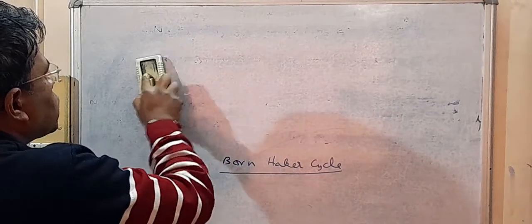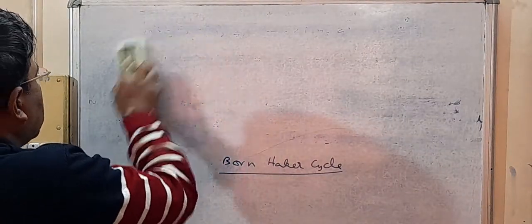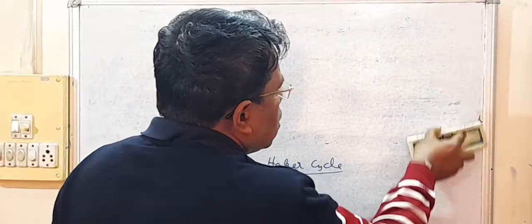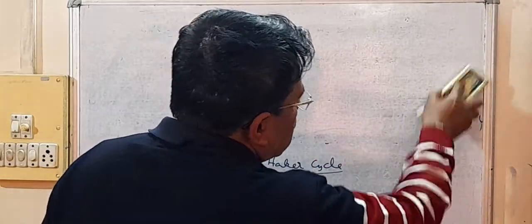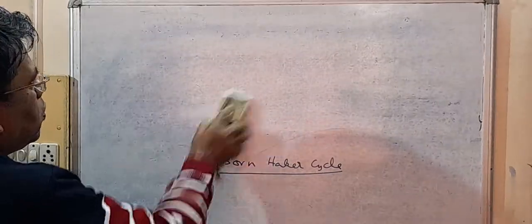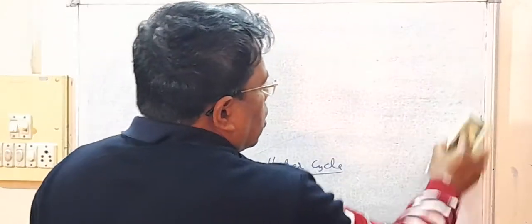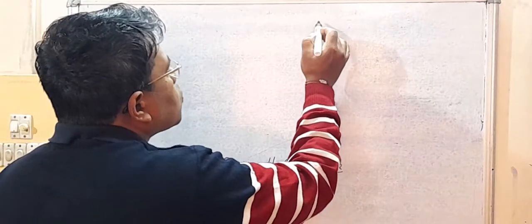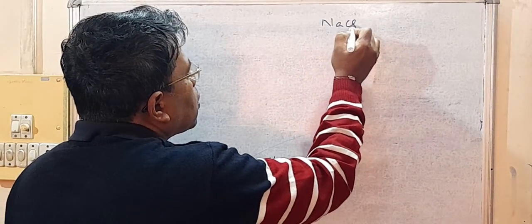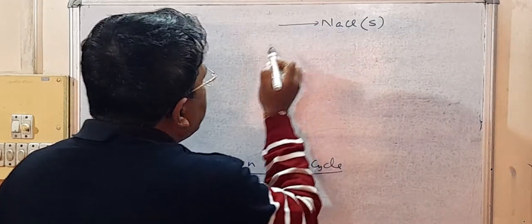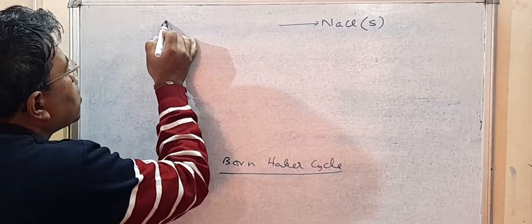You know, for sodium chloride, the constituent elements are sodium and chlorine. Okay, so sodium chloride, which is solid, is being formed from its constituent elements.